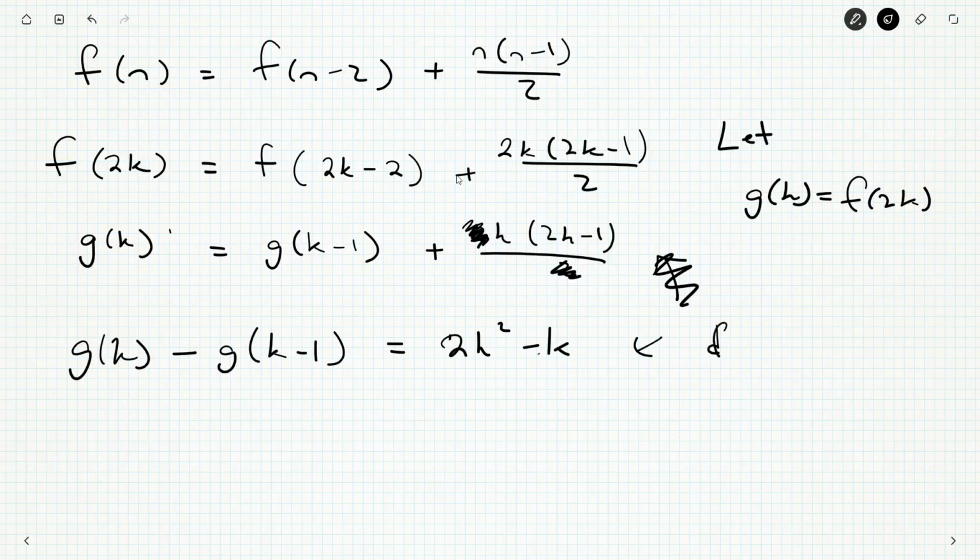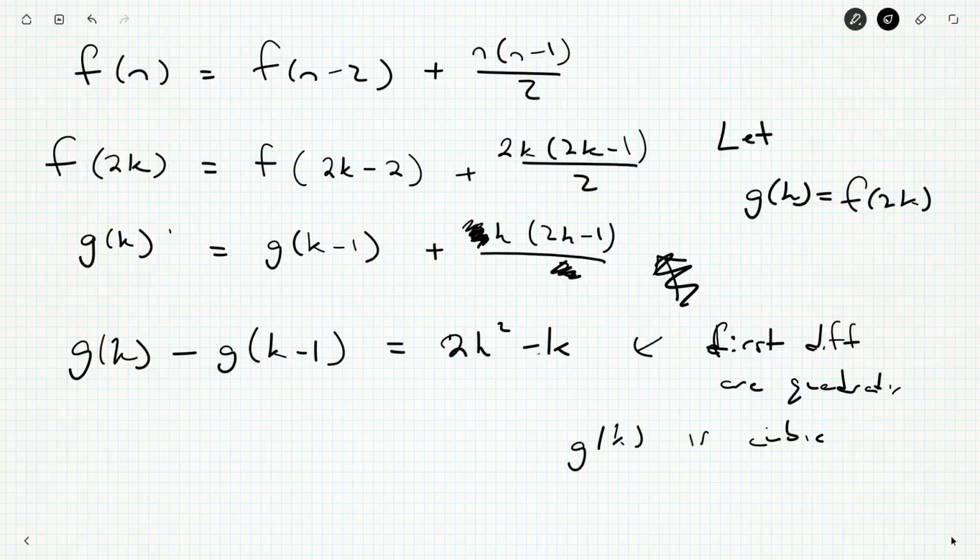So first differences are quadratic. G of k is a cubic. And so, okay, let's just make it a generic cubic. Man, I don't think this is the most elegant thing that I'm doing, but it's getting me closer to maybe a closed form.